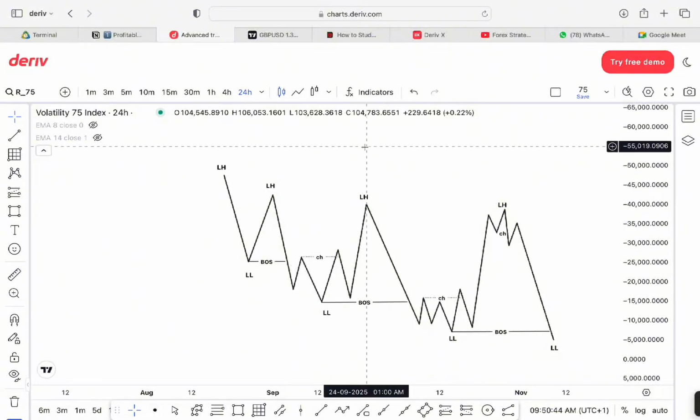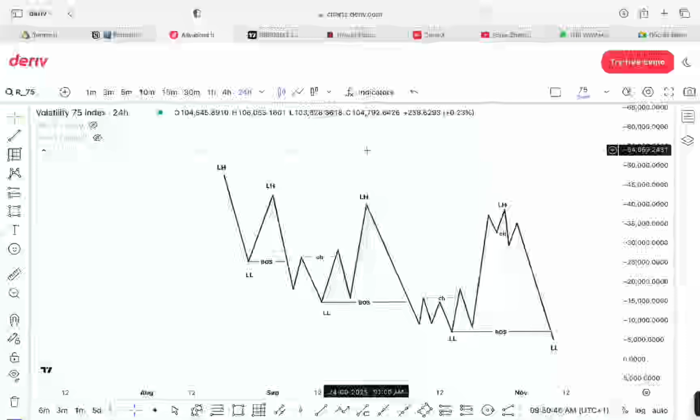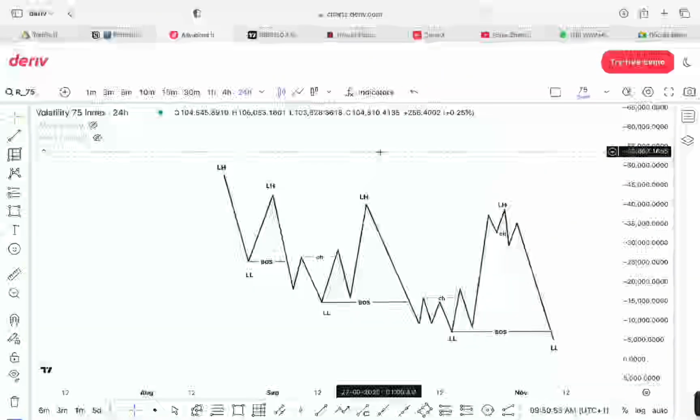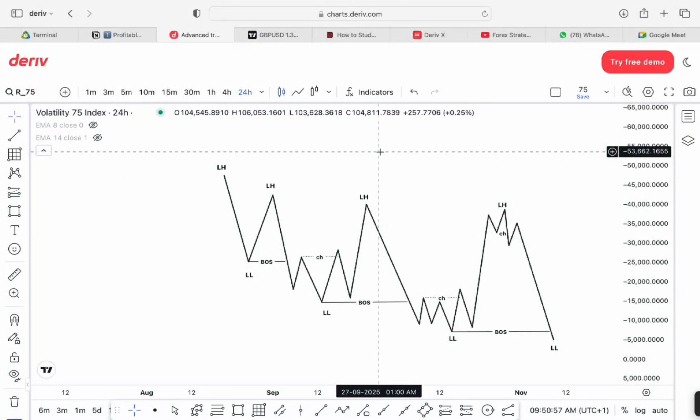Now, after a break of structure, I said this earlier but I am saying it again, we expect a pullback. How do we anticipate a pullback? We anticipate a pullback using change of character.